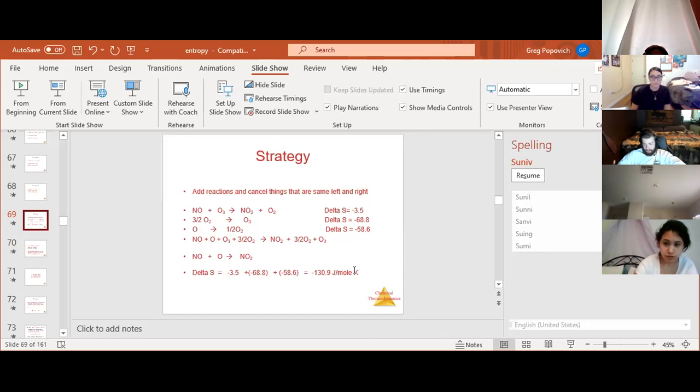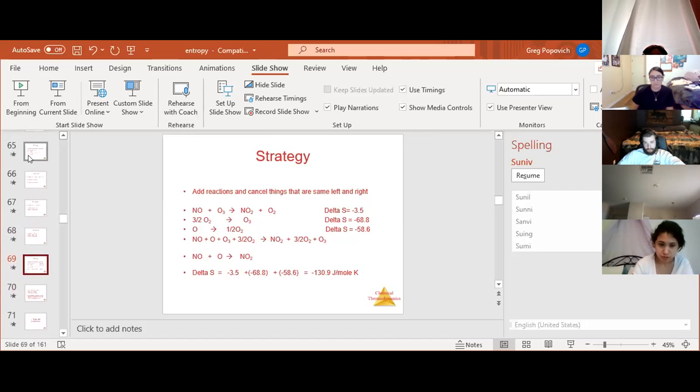I'm confused on the canceling out part because you said we would cancel out the O3s, but we're still adding them in the equation. We canceled them out to make sure that these 3 would equal this one. Who's asking the question? Emily. Emily, okay. O3's on both sides. The 3/2 O2 is on both sides.